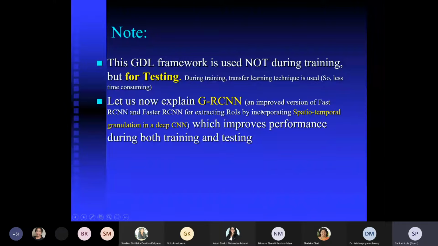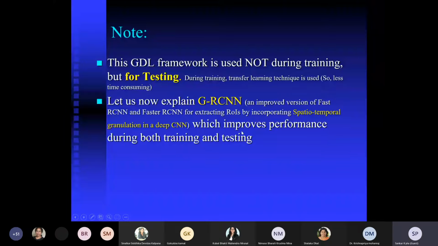which is an improved version of the faster RCNN, extracting regions of interest using spatio-temporal granulation in deep CNN. That means this is an advanced version of faster RCNN, first extracting region of interest by incorporating spatio-temporal granulation, which improves performance during both training and testing.